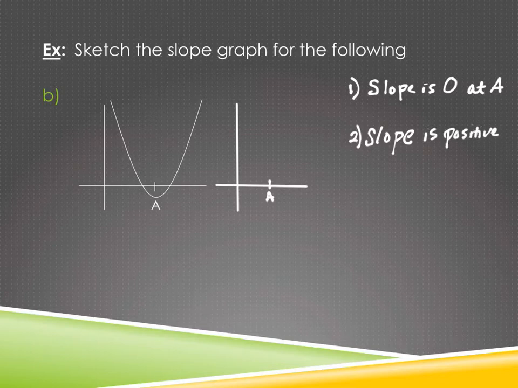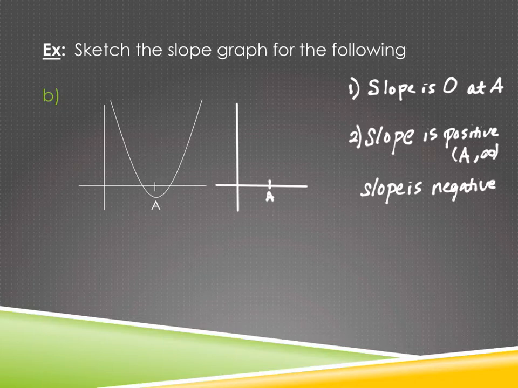Right, the slope is positive from A to infinity. And then how about the slope being negative? Yeah, negative infinity to A. So we anticipate that it does in fact continue on past the y-axis just because of the general shape we're given to begin with. Okay, everybody good so far?